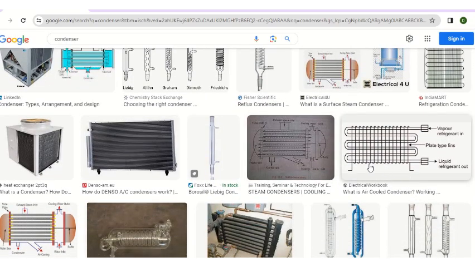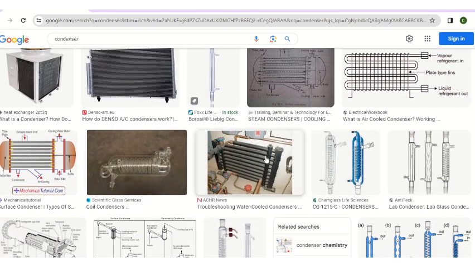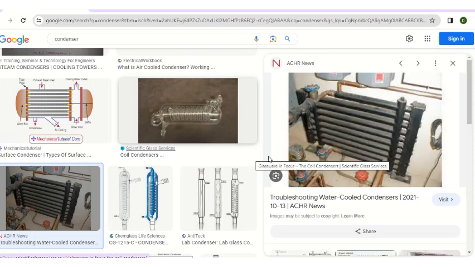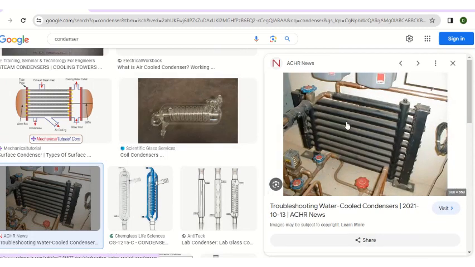So we make it pass through all of this. Here is the refrigerant. Some water will be poured onto these tubes so that the refrigerant will be cooled down. You can see here, gas will be there inside.